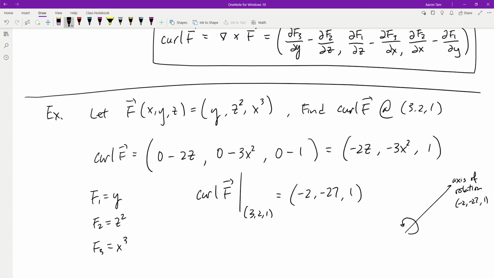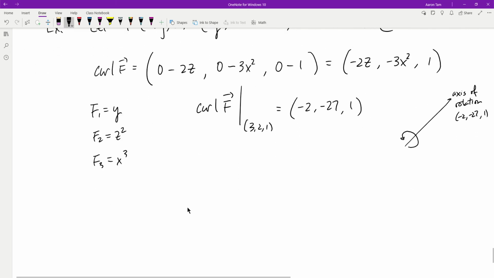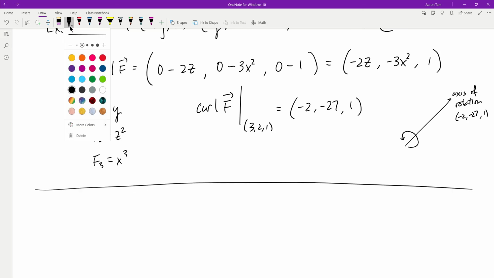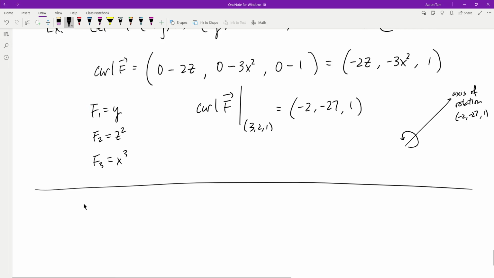The last thing I want to talk to you about is what the video also talks about, when you have a two-dimensional vector field. Can you somehow calculate curl? Because it seems to me that the way we define curl is only in R3.